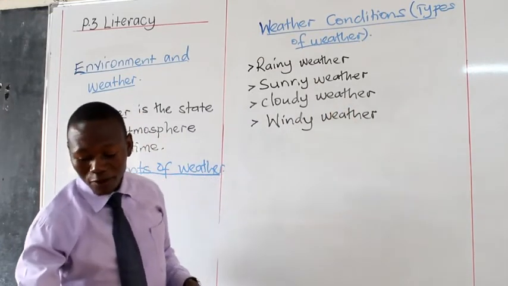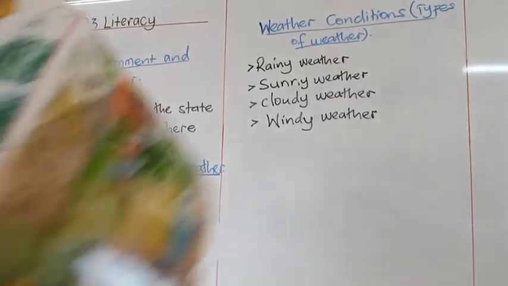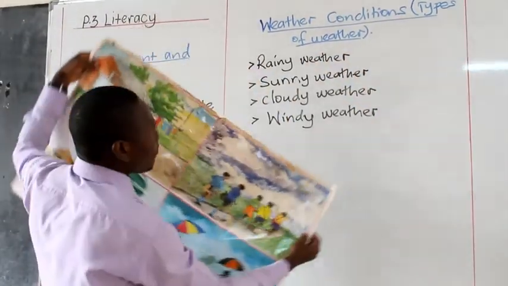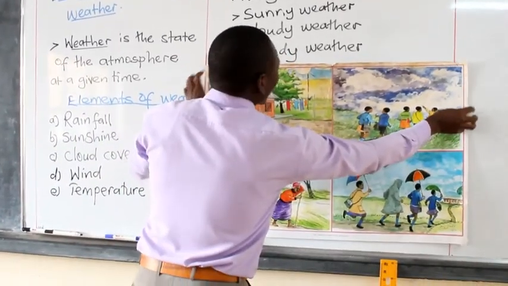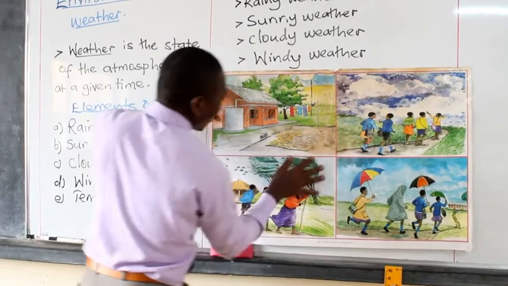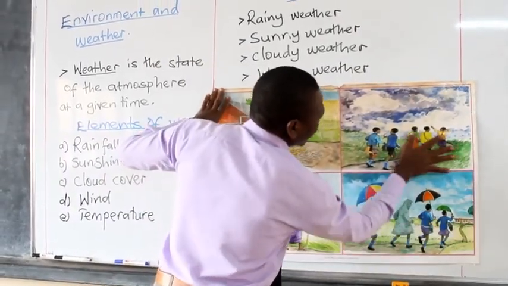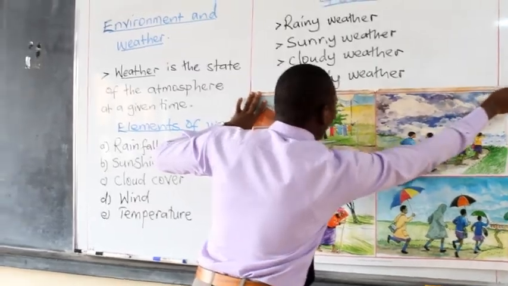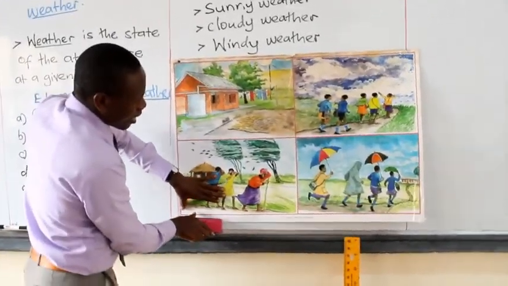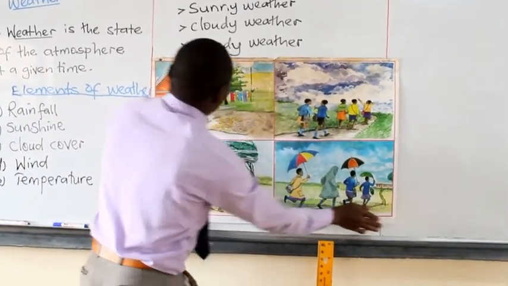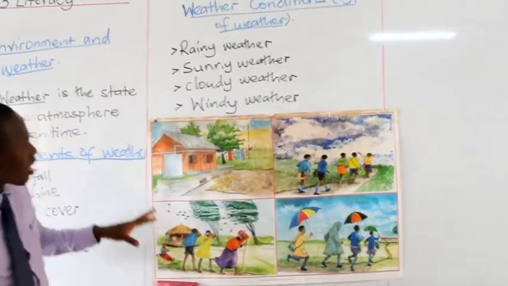So I want us to have a look at our chart right now, and we see the behavior of weather in our environment. How does weather behave in our environment? So this is our chart showing the behavior of weather in our environment. It's reading types and elements of weather.